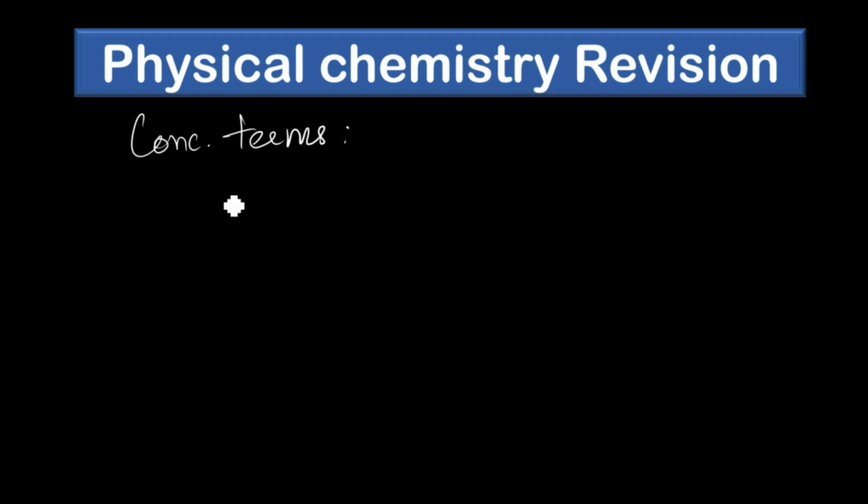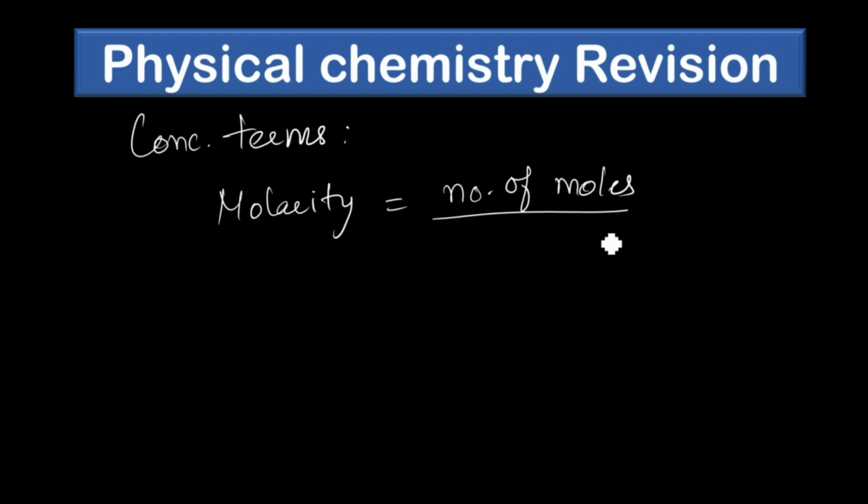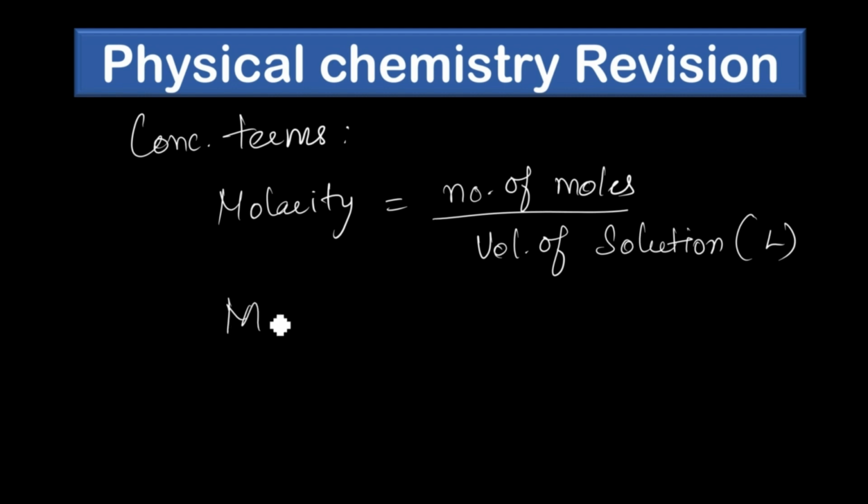In concentration terms, we have molarity, which is the number of moles divided by the volume of solution in liters. If that is not given in liters, either convert it to liters or multiply the whole equation by 1000.